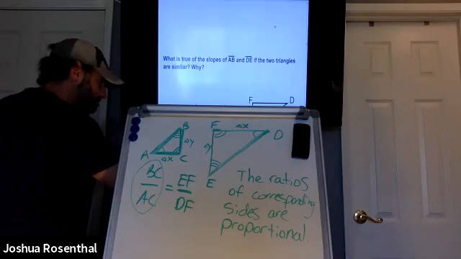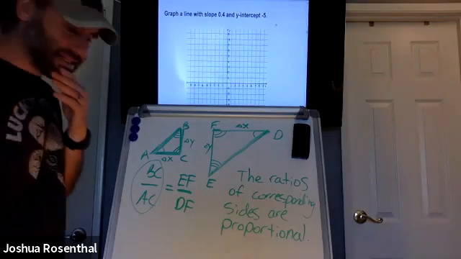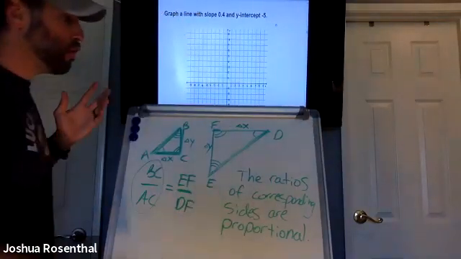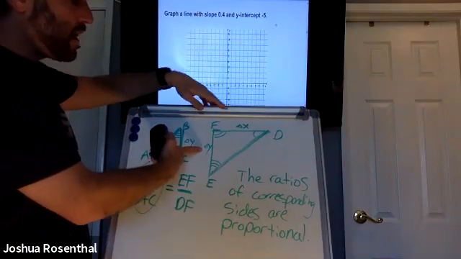And Mr. Rosenthal, can you redo the one where it asks you to graph a line with the slope 0.4 and y-intercept -5? Yes, I can do that. Okay, I think I got it. I just wanted to, like, I was sort of confused. Okay, so the rationale behind the way I did this was that we see slope as a delta y over a delta x.